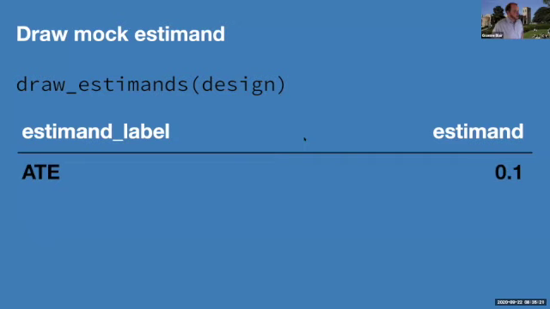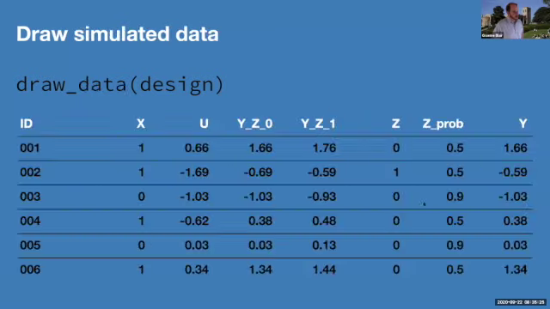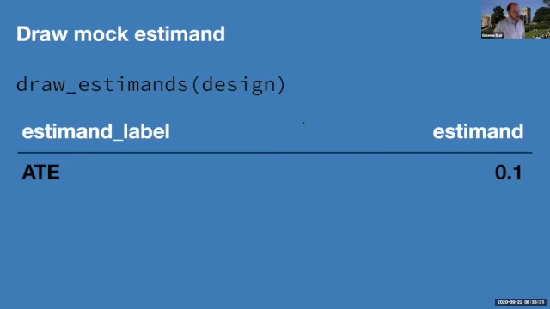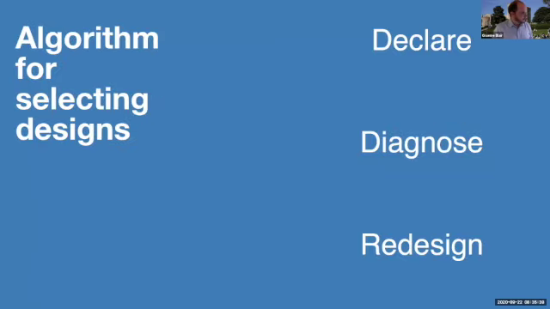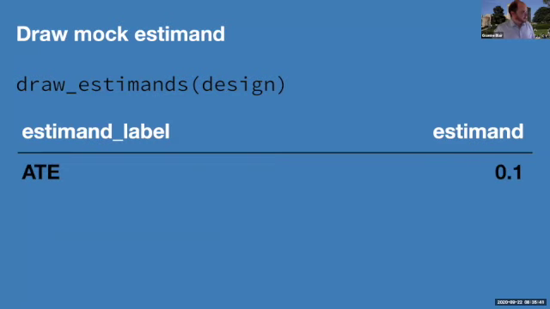We can also draw the estimand, the average treatment effect, that's 0.1. The way it was calculated was it took the average difference between Y_Z1 and Y_Z0 in this data set, that's 0.1. That makes sense given that we defined our expected effect size as 0.1. Okay, so we can draw estimates and draw estimands.